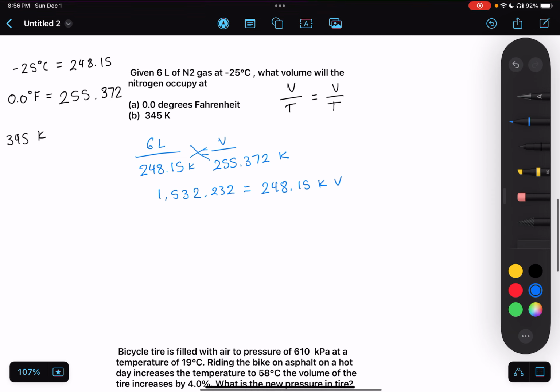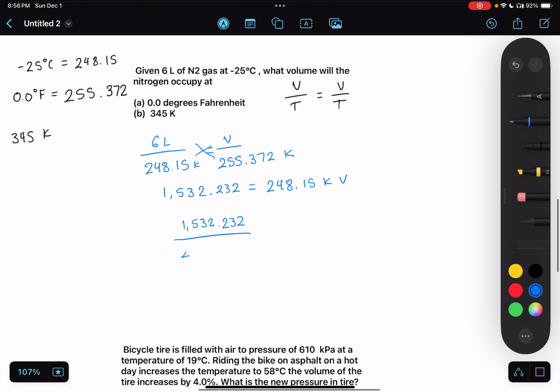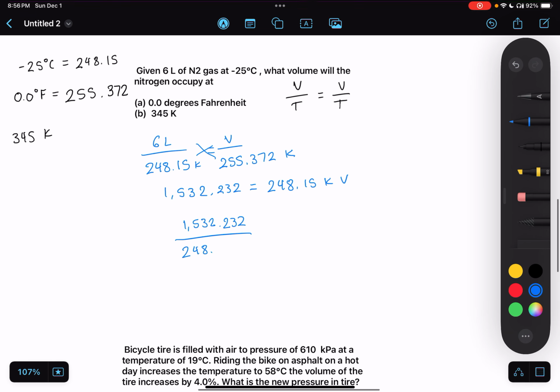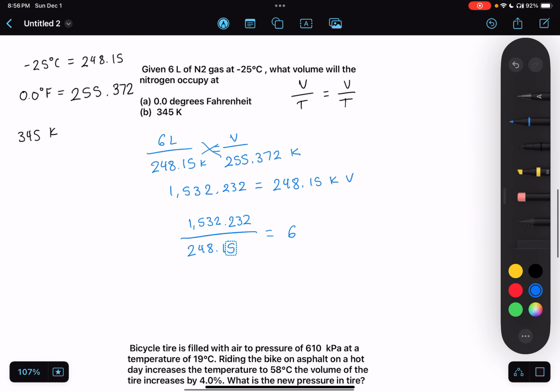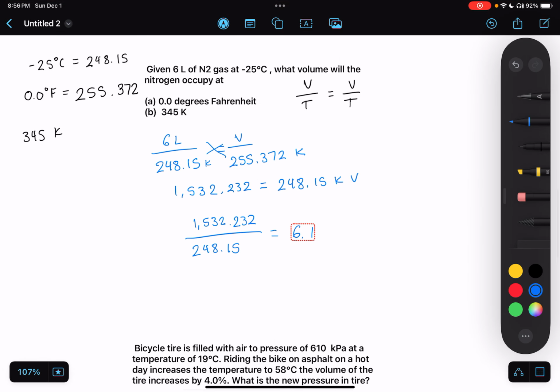So this should give me 1,532.232 over 248.15 should give me 6.17. Okay. Or 6.17462, but that 4 is not big enough to make me round up.